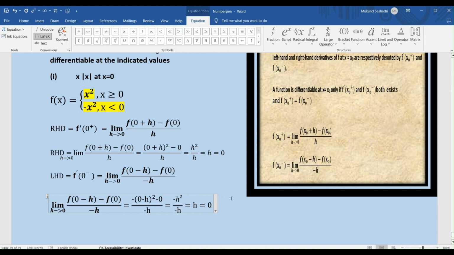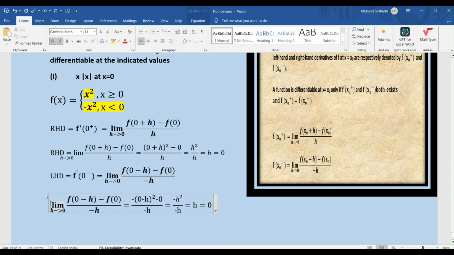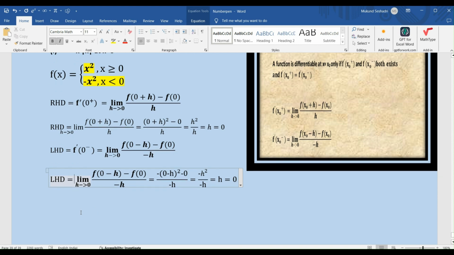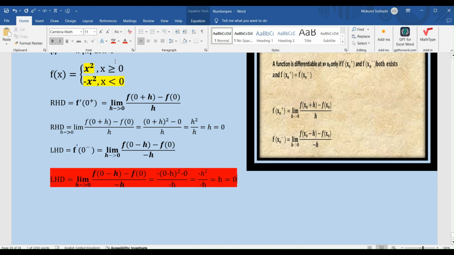So here we have our LHD also tending to a finite value as h tends to 0. And let me highlight this.